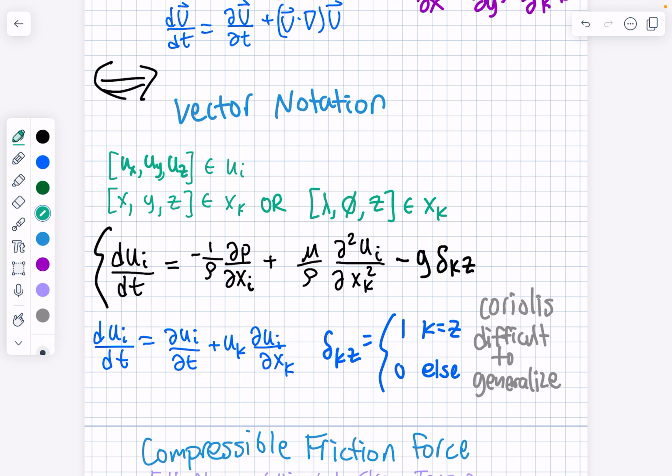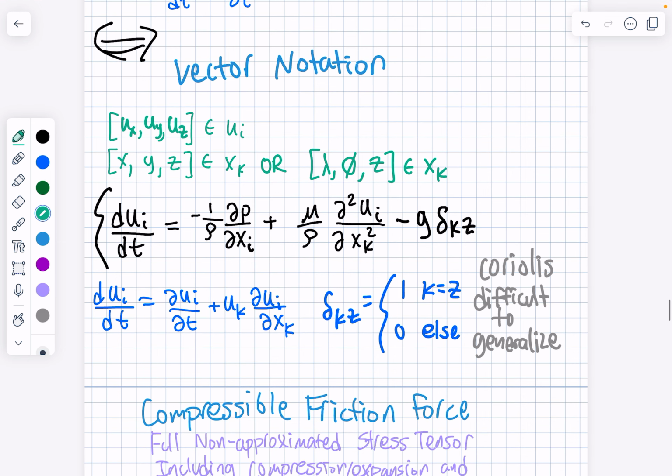So a better way would be ui for i in x, y, z, or we could say i in 1, 2, 3. That will just be our 3 dimensions, our x, y, z dimension. We can just number like that. So in a computer, we just keep track of the fact that 1 is that dimension.